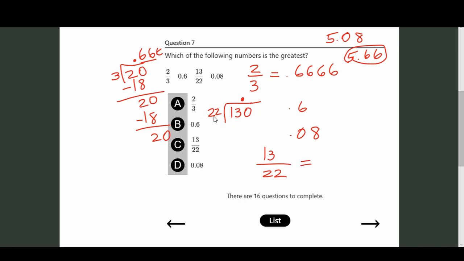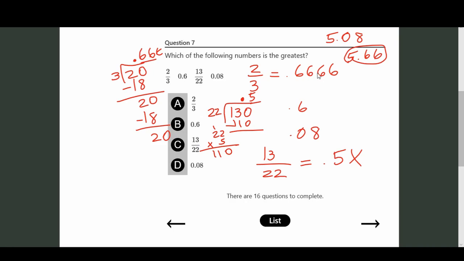And now we're asking ourselves, how many times does 22 go in 130? And that answer is going to be 5 times. 22 times 5 gets you 5 times 2 is 10, carry the 1, 5 times 2 is 10, plus 1 is 11. So 22 times 5 gets you 110. So I know 13 over 22 is going to be 0.5x.